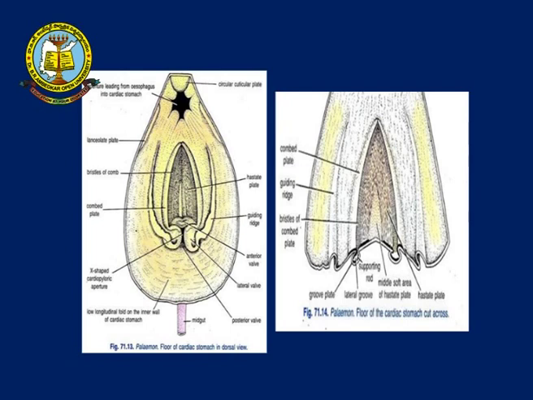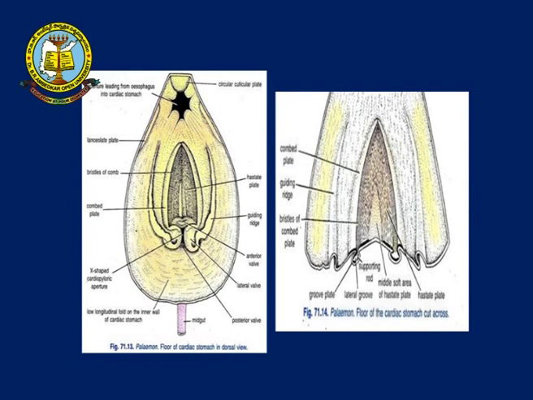This is the guiding ridge, they guide the food into the lanceolate chamber, which is internal to the lanceolate. There is a ventral opening, and they have an anterior valve and a posterior valve. All these valves have setae on the lining of the valve, which help in filtering the food that comes inside the body.